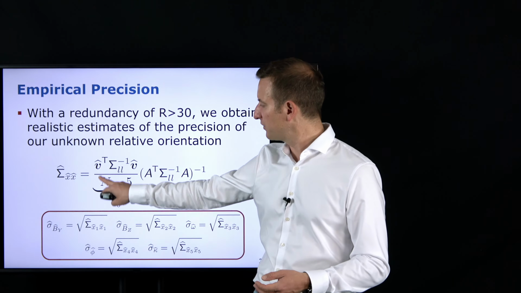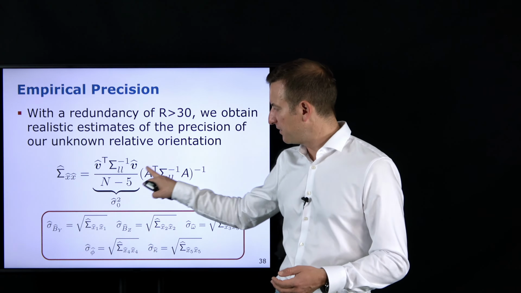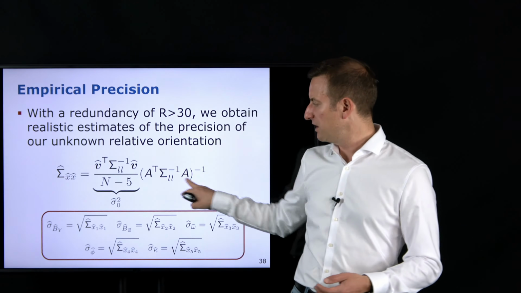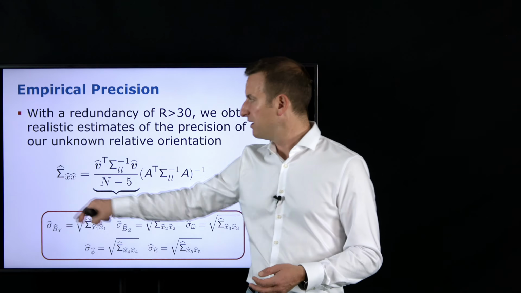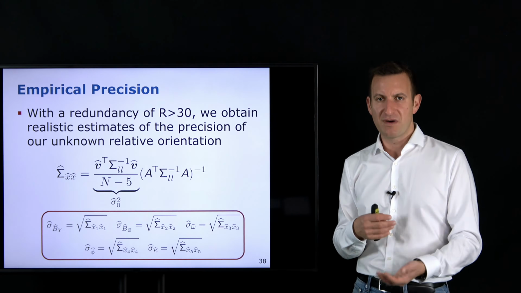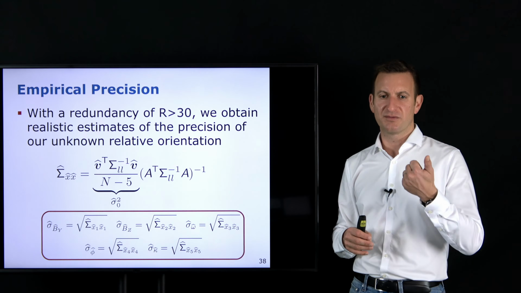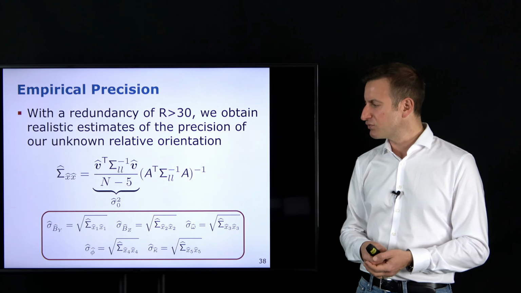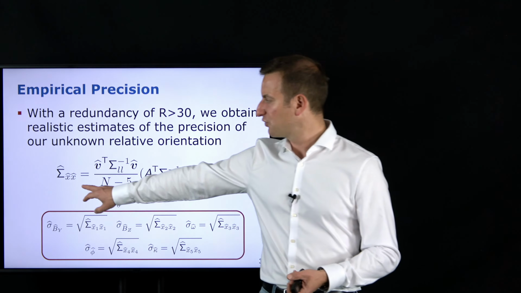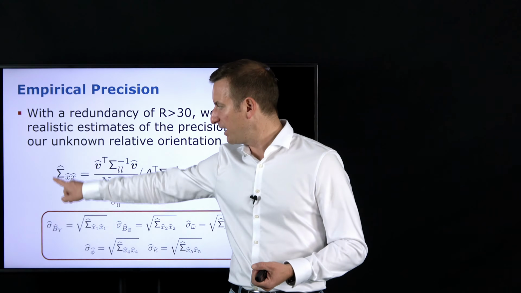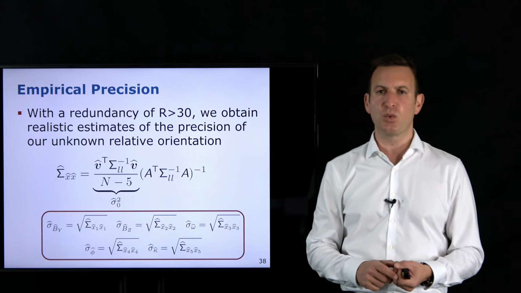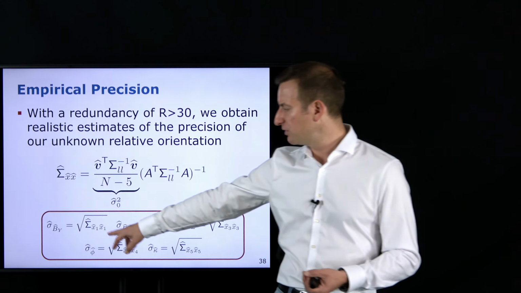So this is my variance factor as we described it before, and this is the inverse of my matrix N as described before. This gives me then the empirical precision of my parameters, so in terms of the baseline vector and the rotation parameters, so that I can then extract the standard deviation, for example, by taking the first entry, the entry 1,1 of this covariance matrix, and computing the square root.